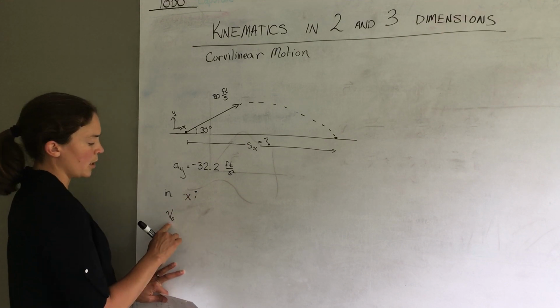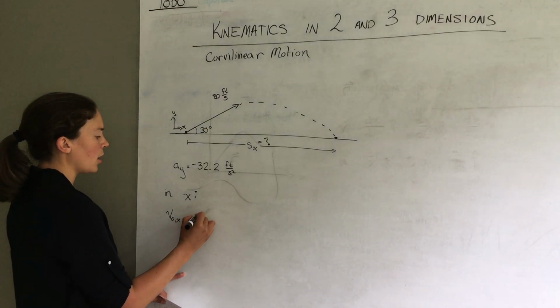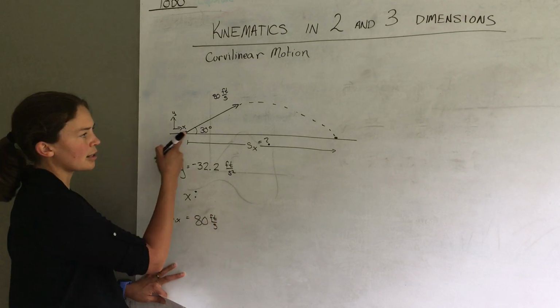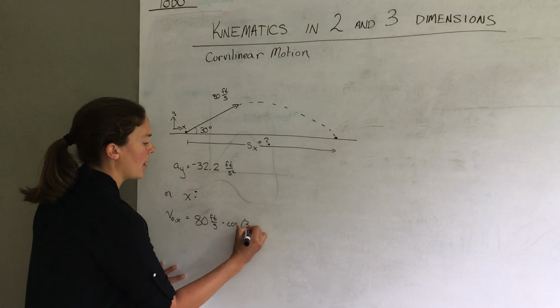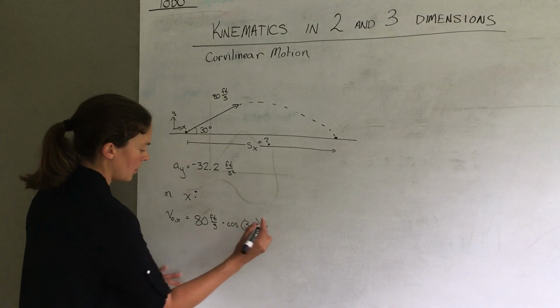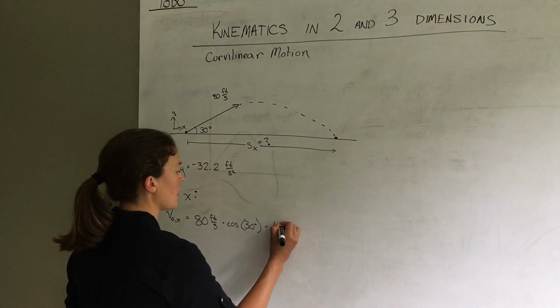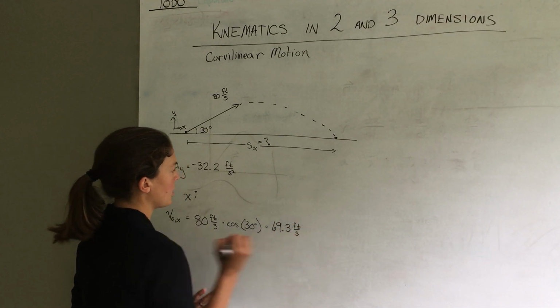I'll call it v naught sub x. That's going to be our 80 feet per second, but only the x component of it. So we multiply by the cosine of that angle, 30 degrees. I calculated this out and got an initial velocity of 69.3 feet per second.